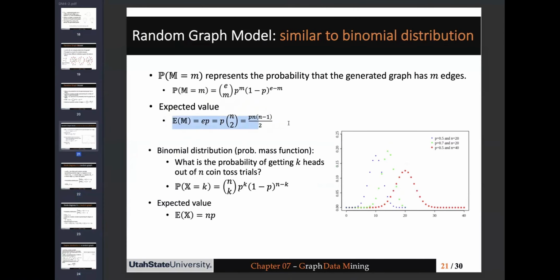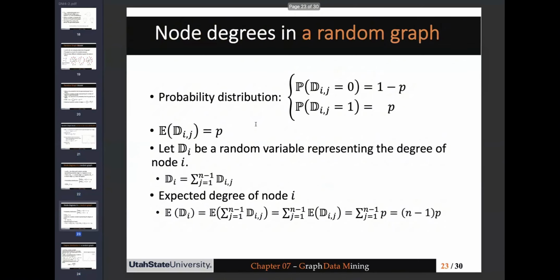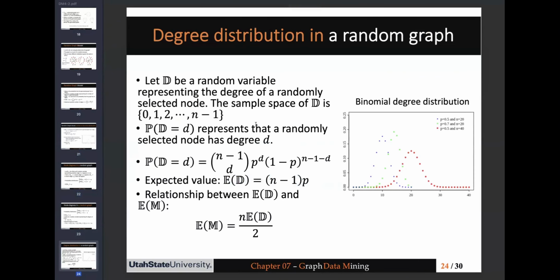More specifically, the expected value of M is p times n times n minus 1 over 2. So I can easily formulate the expected value of M in terms of the expected value of D by replacing n minus 1 times p with the expected value of D. So the expected value of M equals n over 2 times the expected value of D.